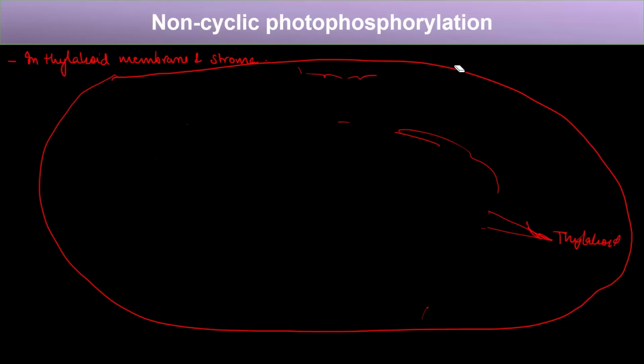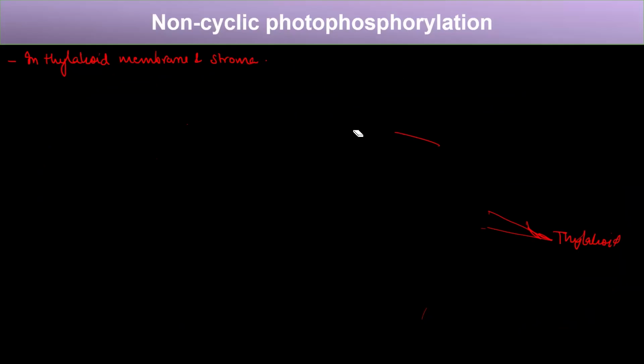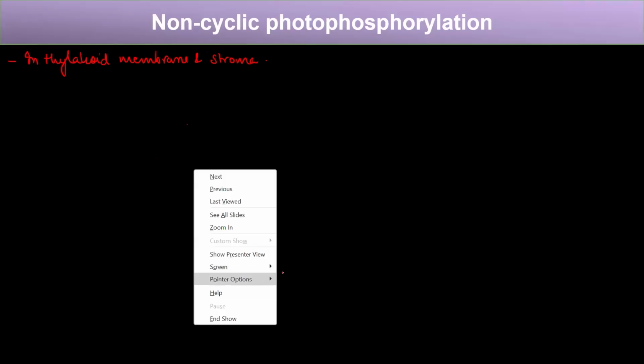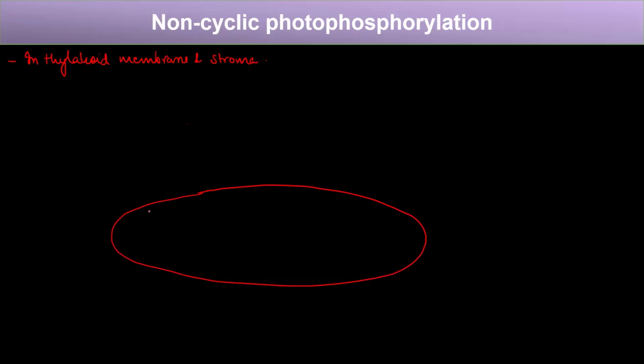Now let's see. Let me erase this and see how this non-cyclic phosphorylation is taking place. So say this is the inner membrane of the thylakoid.